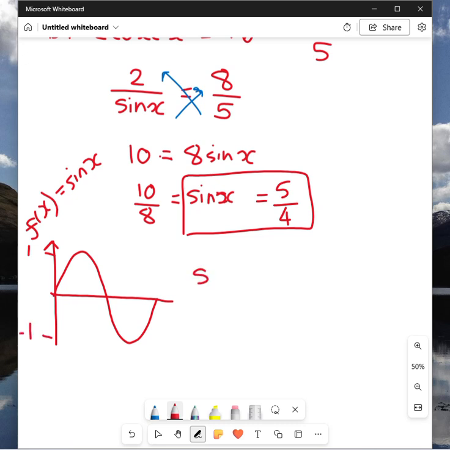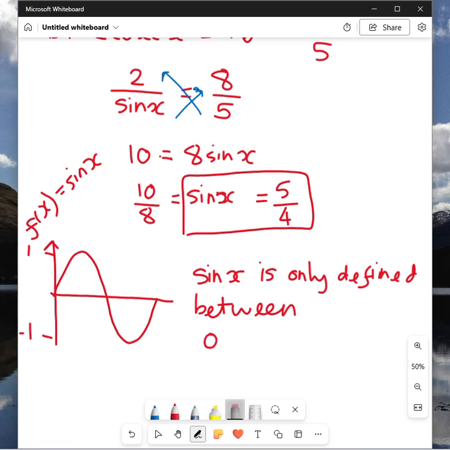So we know that sin x is only defined between -1 and 1.